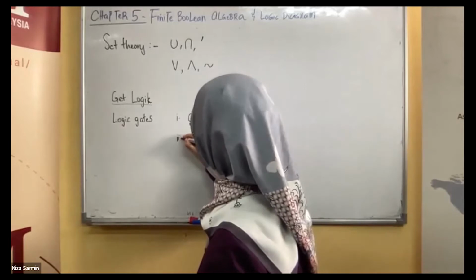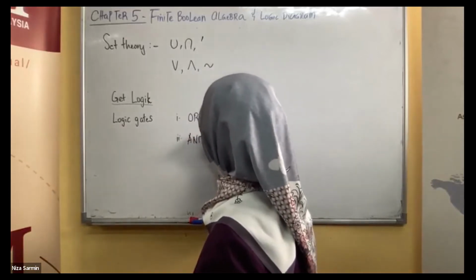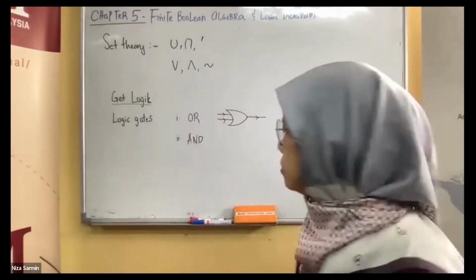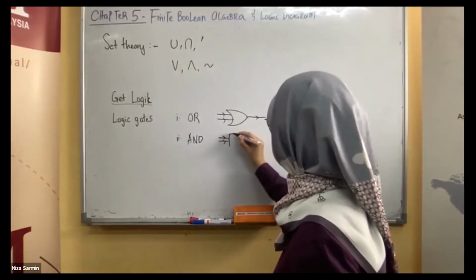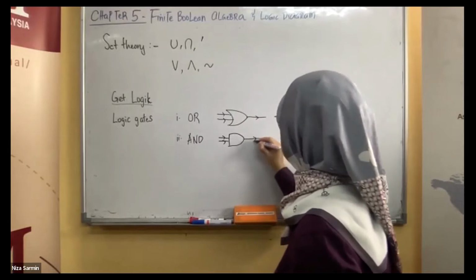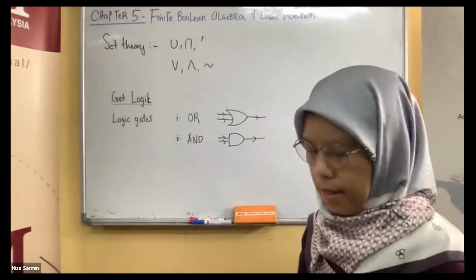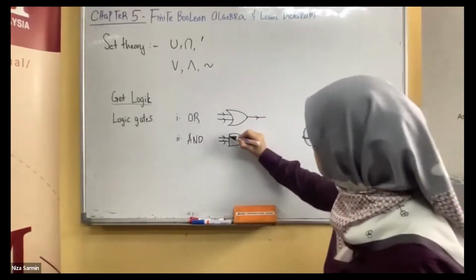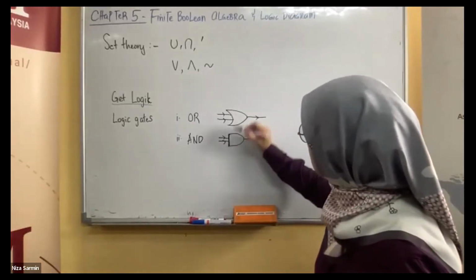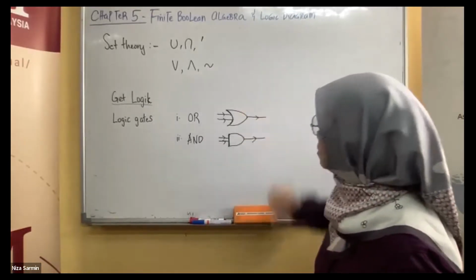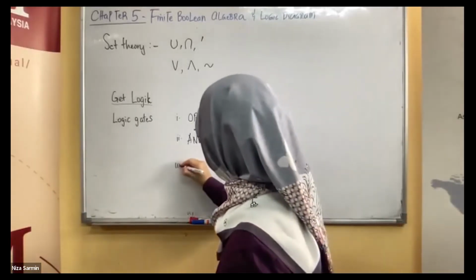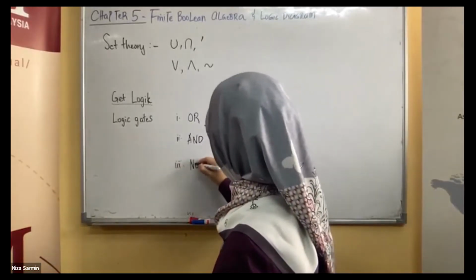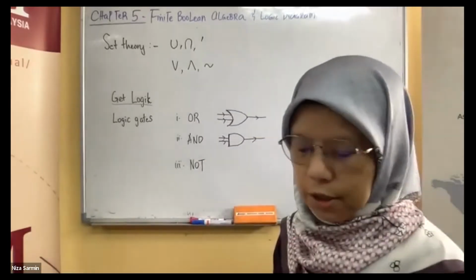The second one is the AND logic gate. So this one is still two arrows in, but like this. This is straight, like the moon. The third one is the NOT logic gate.